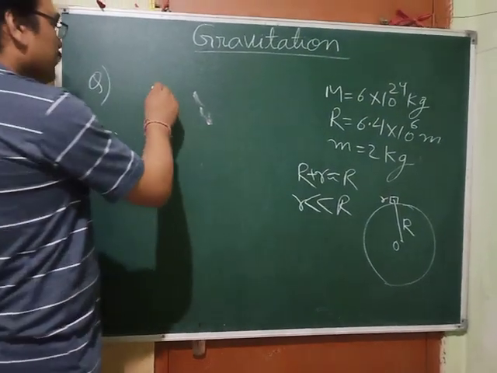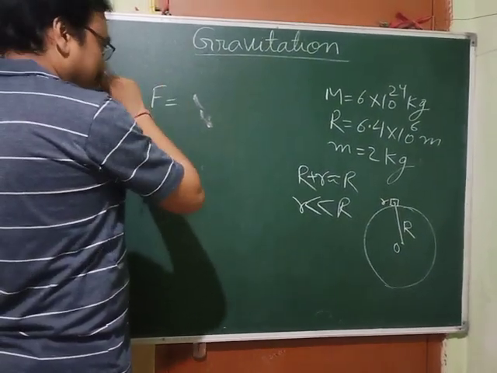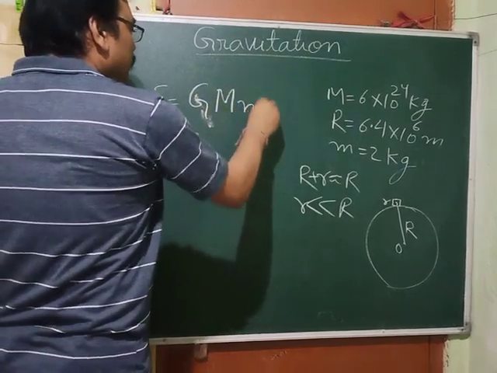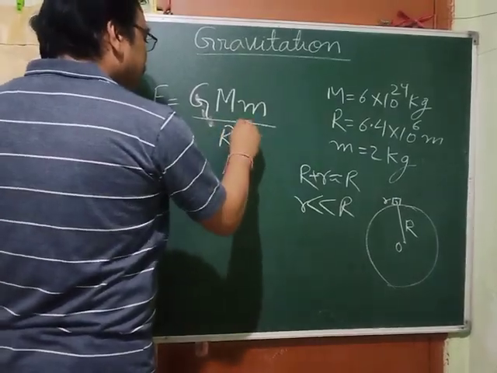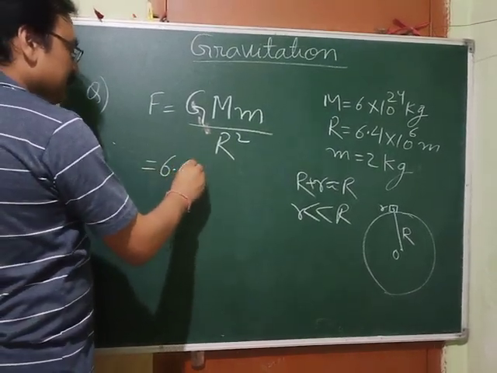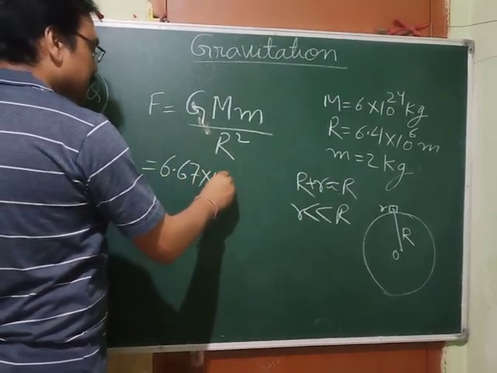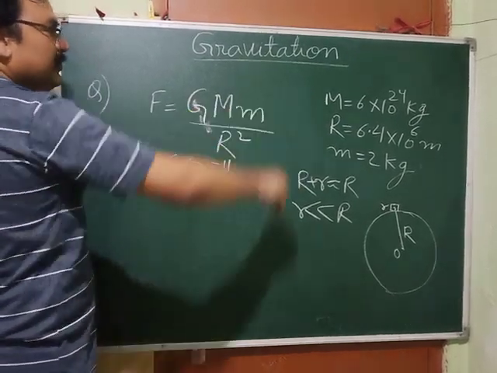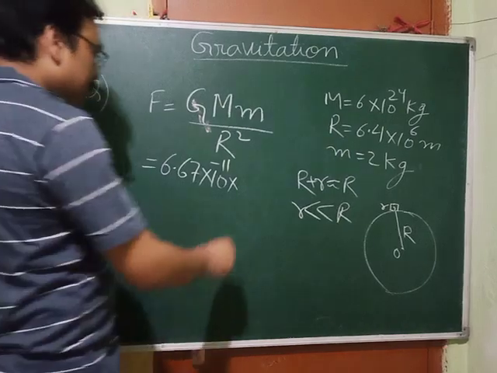Now what is the expression for force? F is equal to capital G, capital M, small m upon r square. So G is how much? 6.67 into 10 raised to the power minus 11. M is how much? Mass of the earth. It is 6 into 10 raised to the power 24.